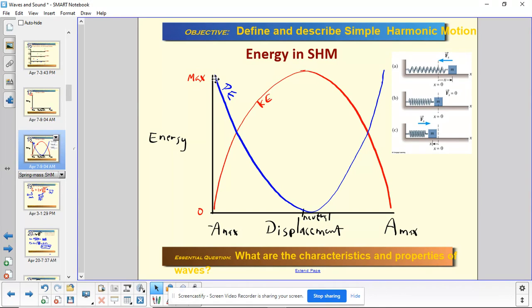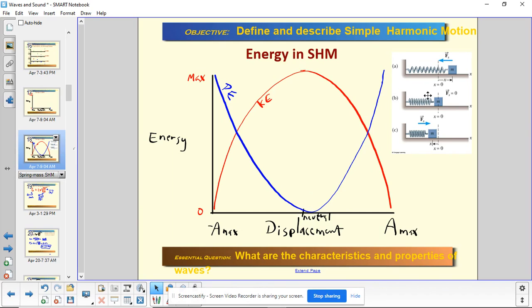Now, as we go through a cycle and pass toward the neutral position here, when the displacement gets to neutral, that means the spring is completely relaxed and it's not storing any energy at all. So the potential energy in the spring is zero as we pass through the neutral position.